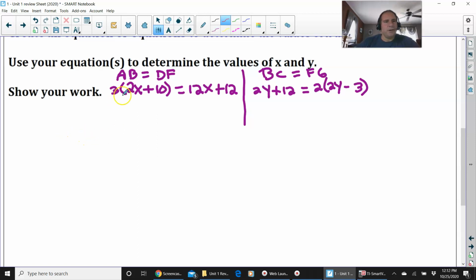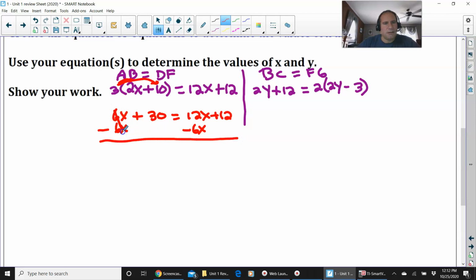So hopefully you are finished. We're going to do distributive property here. 3 times 2x is 6x. 3 times 10 is 30. Equals 12x plus 12. So minus 6x on both sides, minus 6x on both sides, and this cancels.